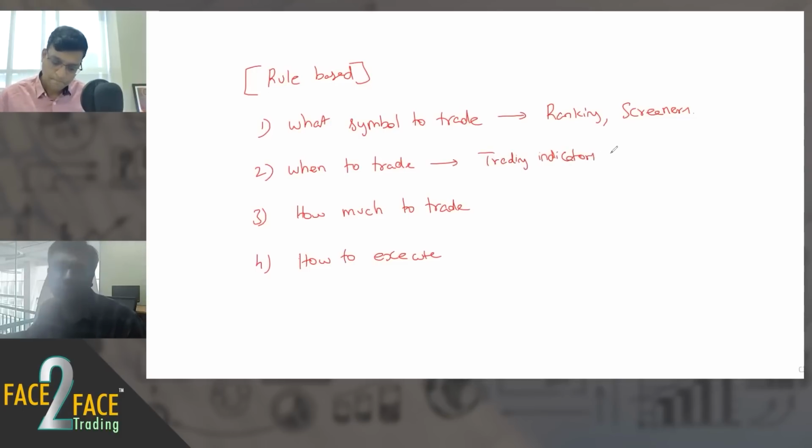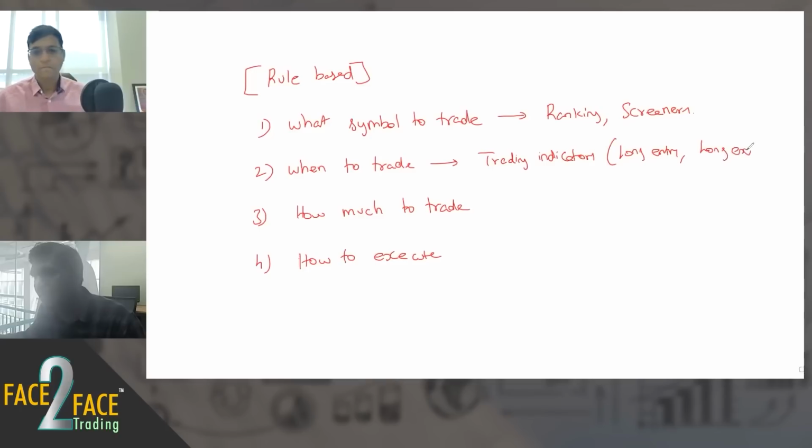Now on top of that, we write our rules, like when to enter, long entry, long exit. All these are nothing but rules built on top of the indicators. For example, let's say I'm having an MACD. If MACD is crossing above 0 and at the same time RSI is also showing momentum, let's say greater than 65, I want to enter into the longs.